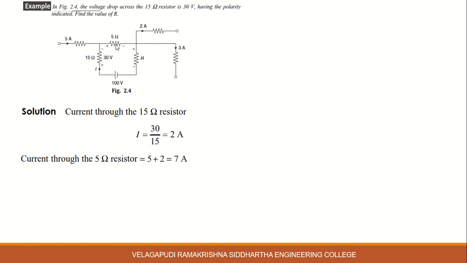Already 5 amperes of current is flowing, and we have calculated that the current through the 15 ohm resistor is 2 amperes. These 5 amperes and 2 amperes meet at this point and leave through the 5 ohm resistor. So the sum of these two currents flows through the 5 ohm resistor. So the current through the 5 ohm resistor is 5 plus 2, 7 amperes.